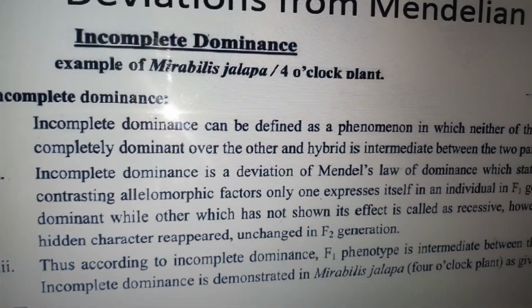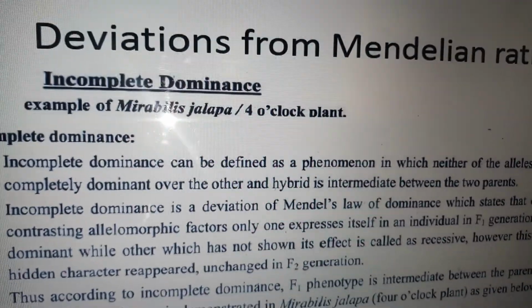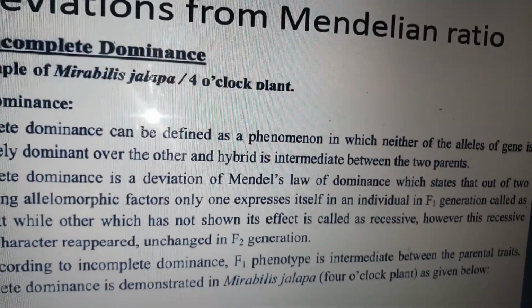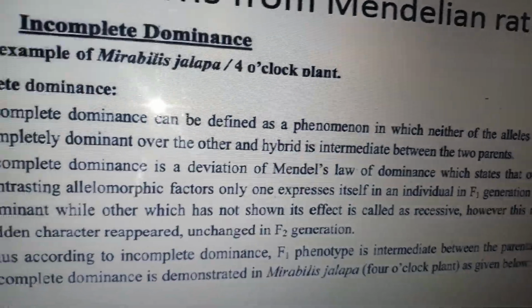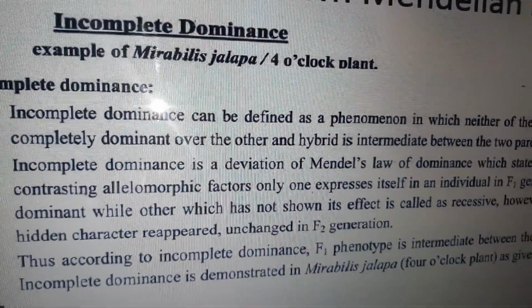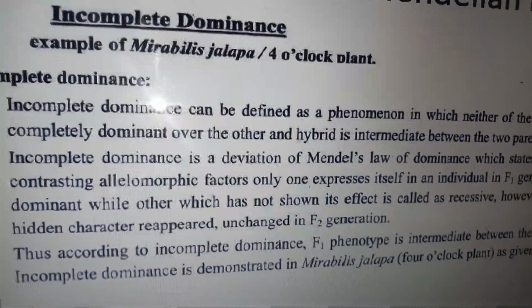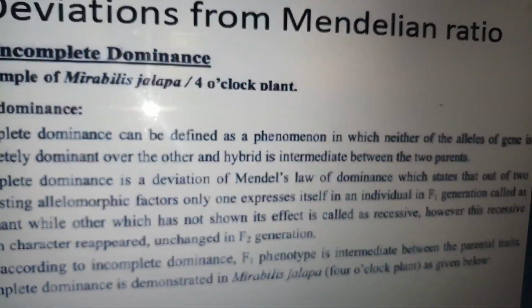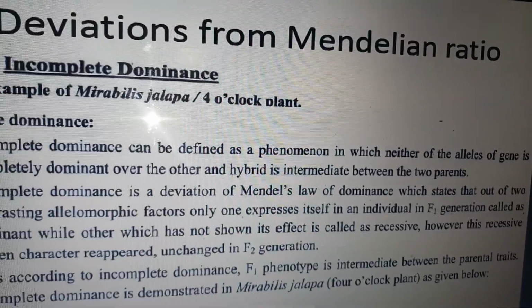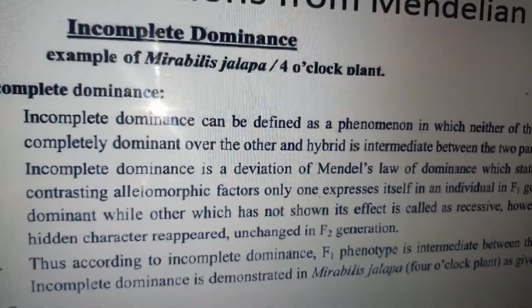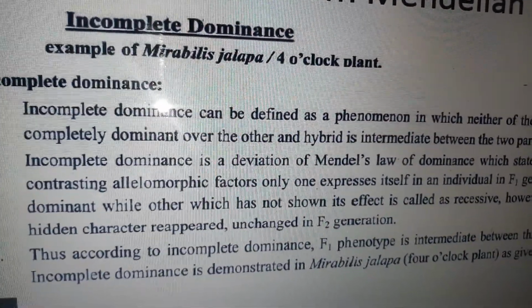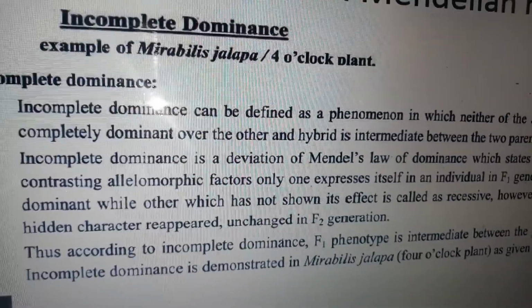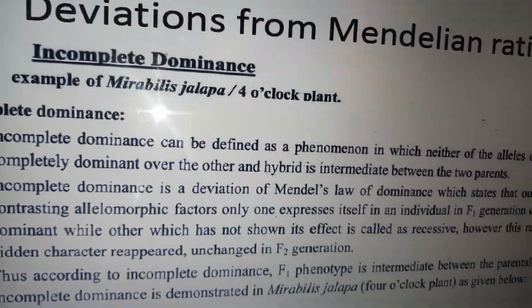Incomplete dominance is a deviation from Mendel's law of dominance, which states that out of the two contrasting allelomorphic factors, only one expresses itself in an individual in the F1 generation, called dominant, while the other, which has not shown its effect, is called recessive.